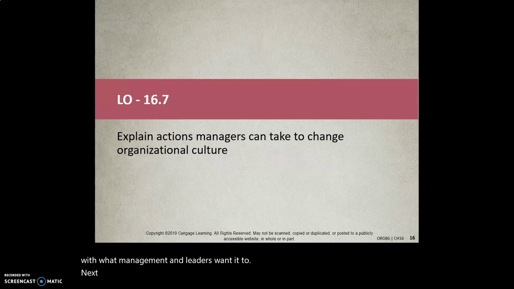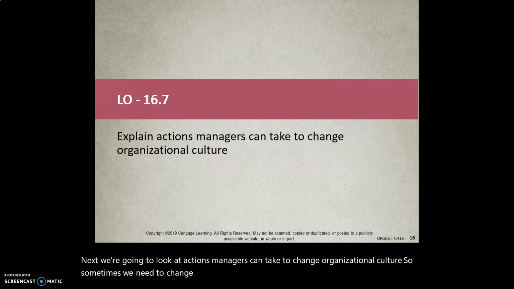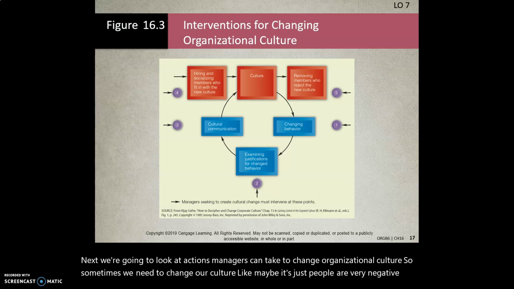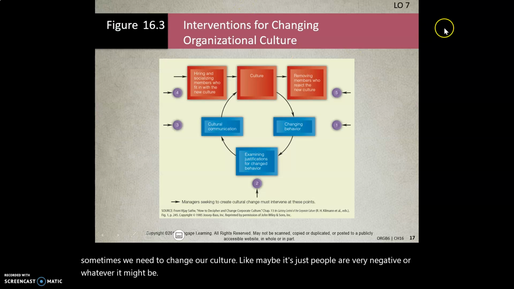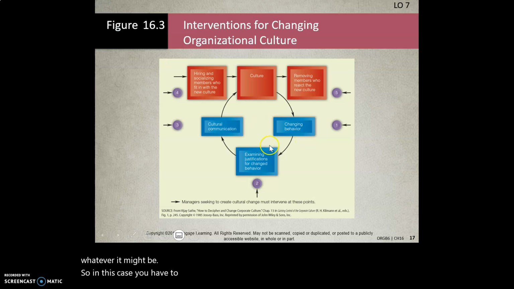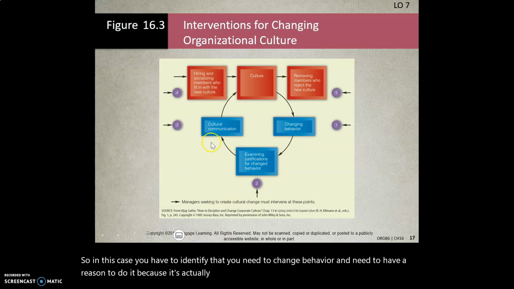Next, we're going to look at actions managers can take to change organizational culture. So sometimes we need to change our culture. Like maybe it's just people are very negative or whatever it might be. So in this case, you have to identify that you need to change behavior. You need to have a reason to do it because it's actually very hard to do. Next, you want to communicate that you're trying to change things.